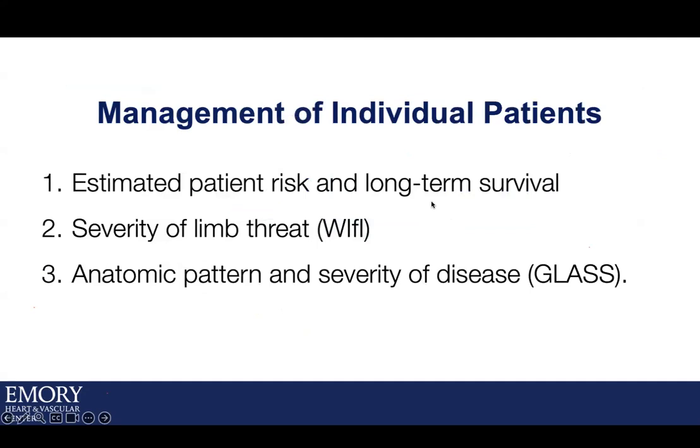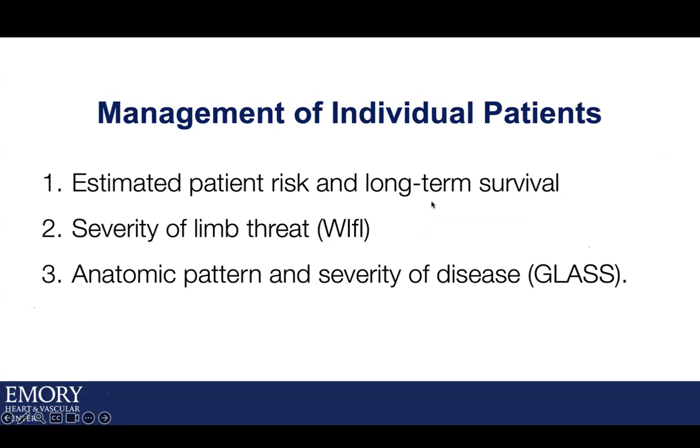Management of individual patients with CLTI. The first step involves assessing candidacy for limb salvage, which includes peri-procedural risk and also looking at the life expectancy of these patients. And so we have to look at the patient as an individual. CLTI is usually present in advanced age, multiple comorbidities, high frailty.